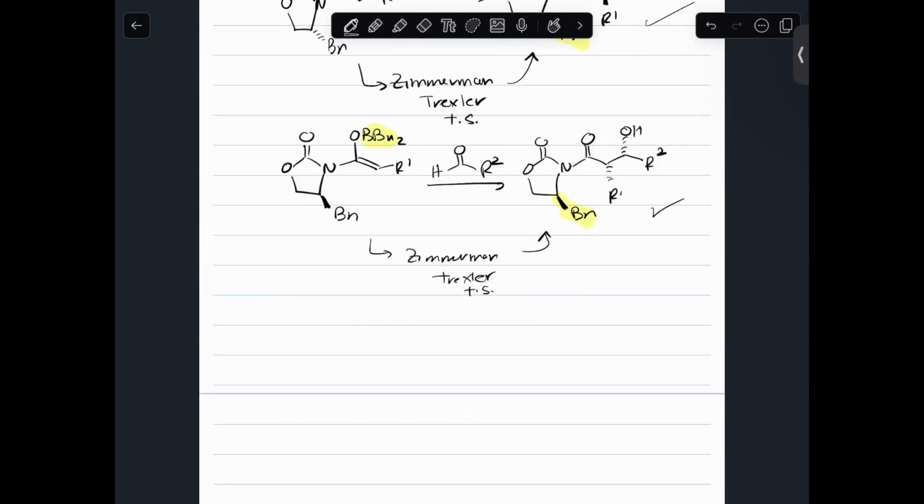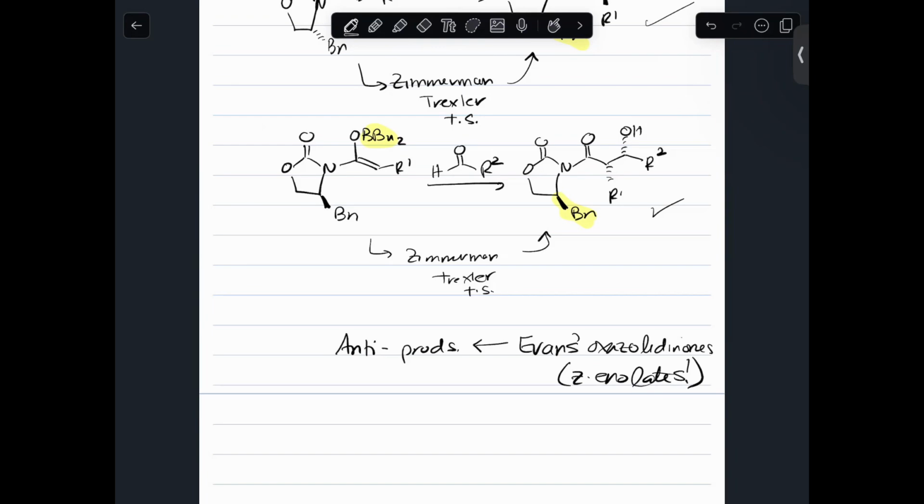But now we want to talk about our anti-products, like I just mentioned. In this case, what I want to discuss is the fact that our anti-products are coming from Evans oxazolidinones and Z enolates. Okay.